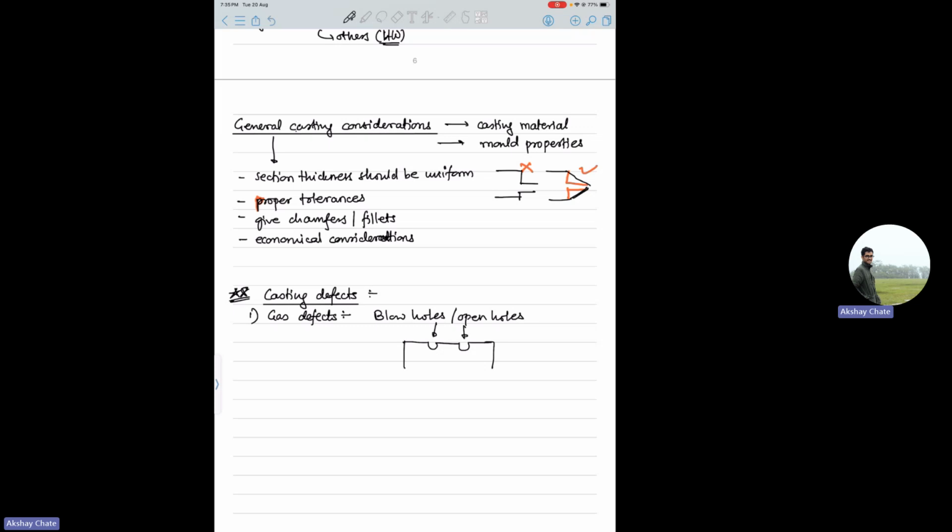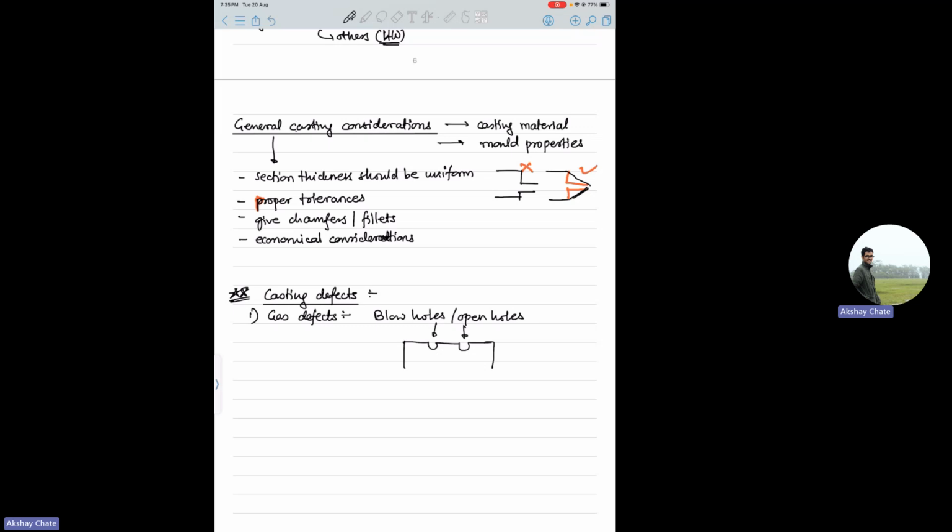Sometimes there is some gas release when the solidification takes place, because when it is hot liquid there are some dissolved gases, and as the temperature decreases the solubility of gases decreases and they come out. But if there is no proper ventilation or vent holes provided in your mold, those gases don't have a way to come out, and they cause these blowholes or open holes, right?